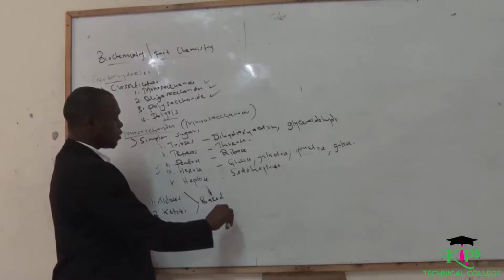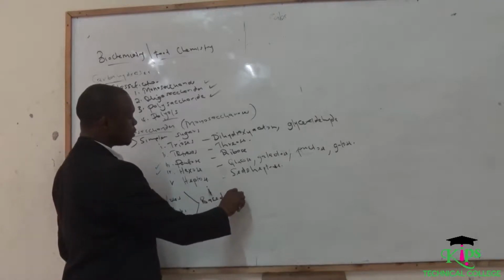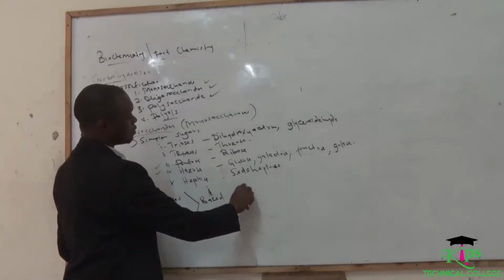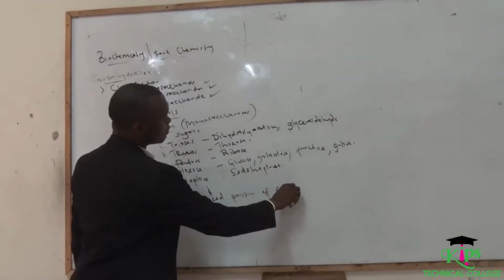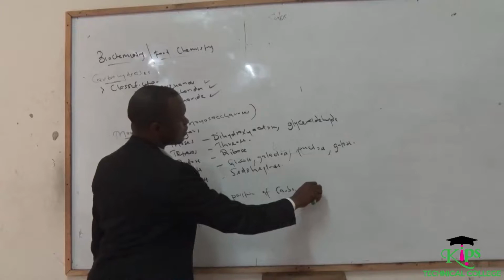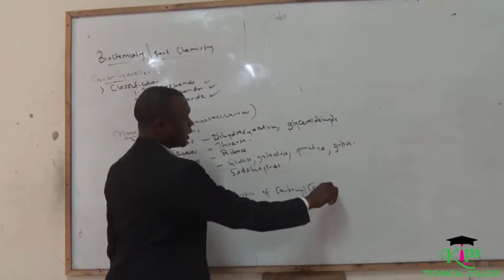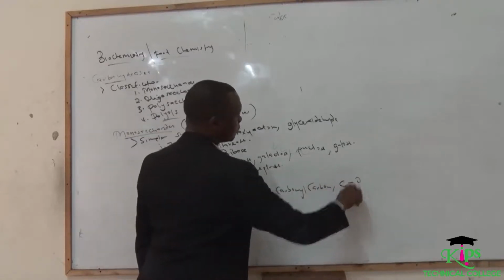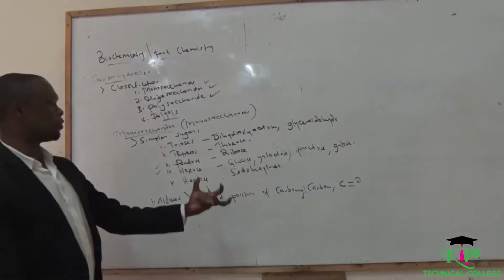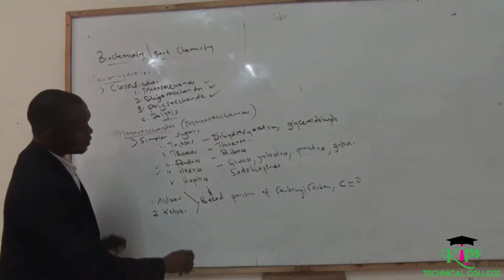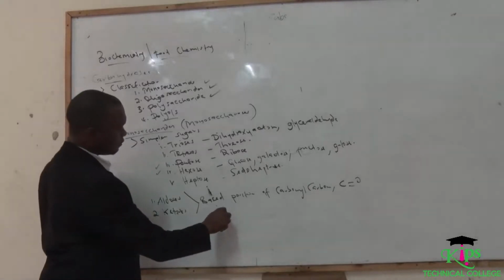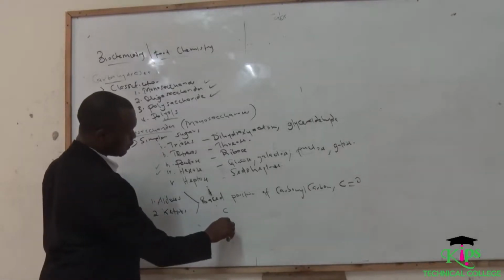This one is based on the position of the carbonyl carbon. Carbonyl carbon is this carbon atom forming a double bond with the oxygen atom. For example, an example we can give is the glucose and fructose.